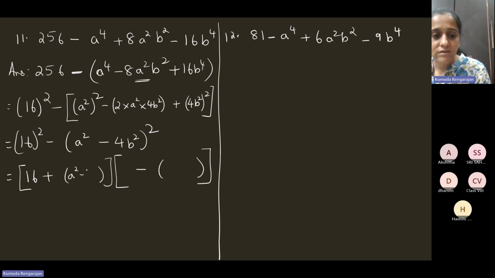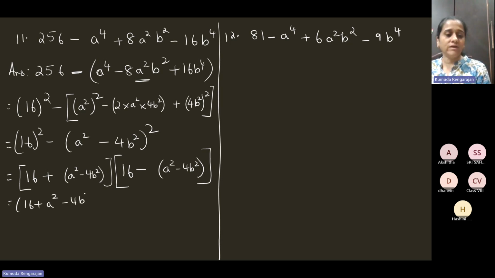A squared minus 4b squared. A plus b is 16 plus a squared minus 4b squared, and a minus b follows. Now this can be factorized further. A squared minus b squared.